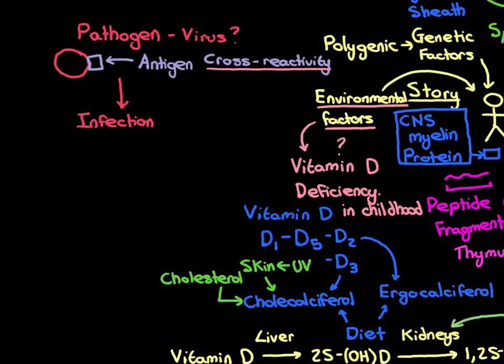So this pathogen is going to infect some tissue, and it's going to start replicating. Either if it's an extracellular pathogen, it will replicate outside of the cells, or if it's an intracellular pathogen, such as a virus, it will have to go inside cells to replicate. And you might be thinking, wait a second, isn't there a problem here?